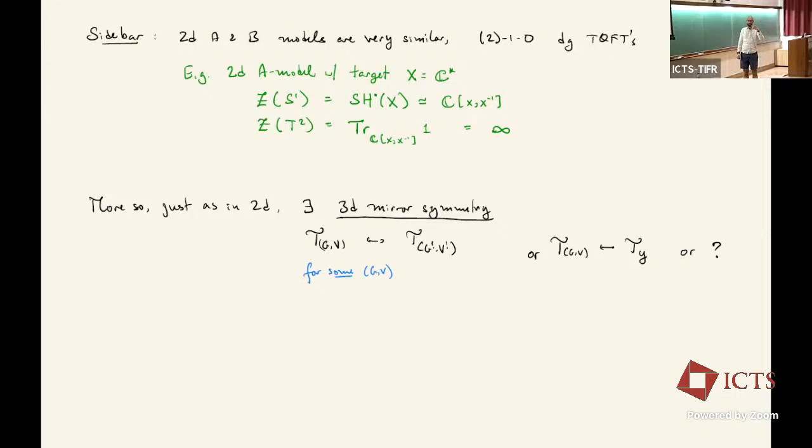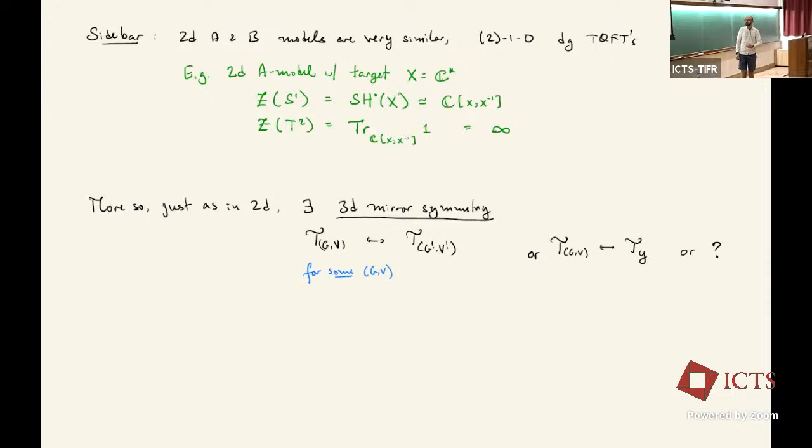However, as one gets lower in dimension, things are better and better behaved. Also, I mentioned these two different twists. In 2 dimensions, one has mirror symmetry that relates A and B twists with different targets.